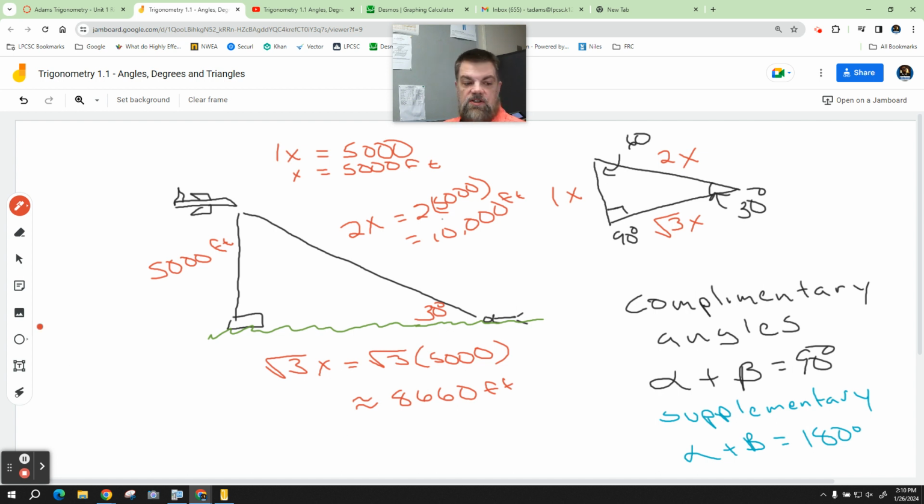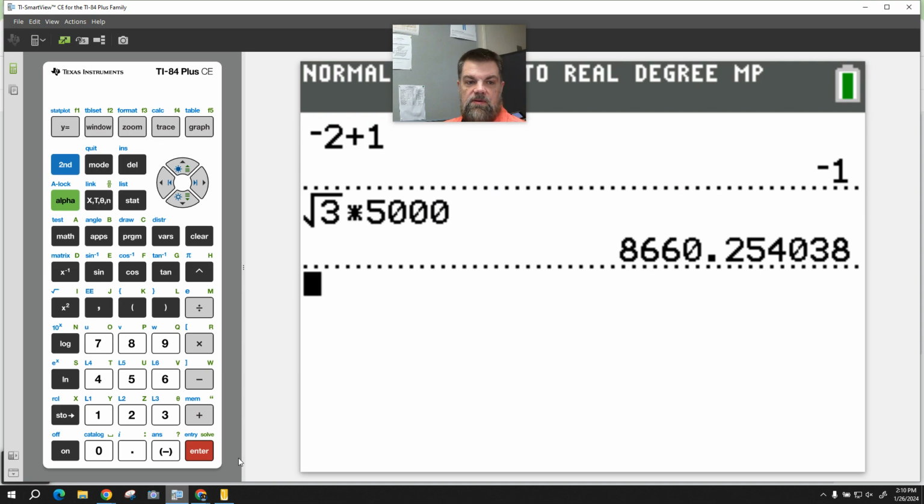So let me show you that too, because that might become an issue. Whenever you take the square root of something, the calculator will put everything under the square root until you push yourself out of the square root. So what you want to do to take the square root of 3 times something, to get out from under the radical symbol, you got to hit the right cursor twice.